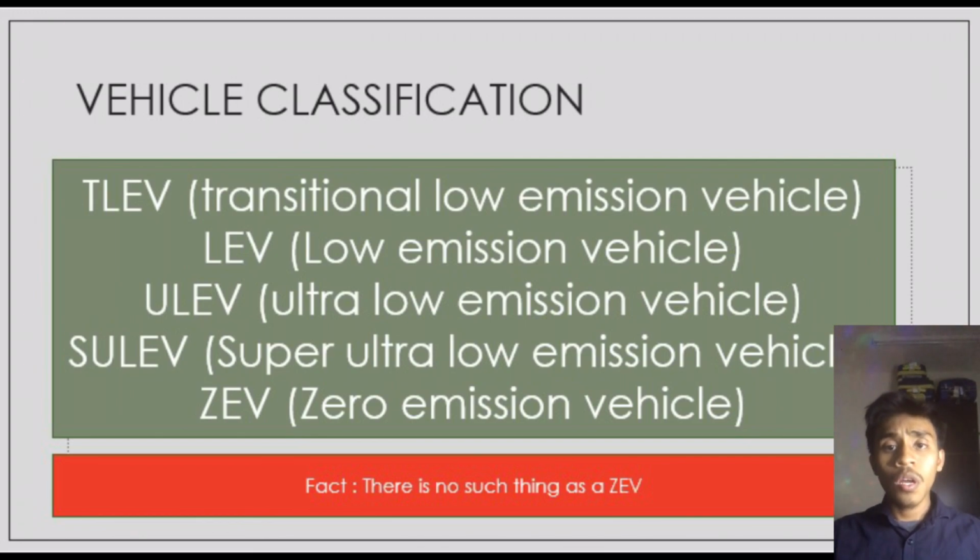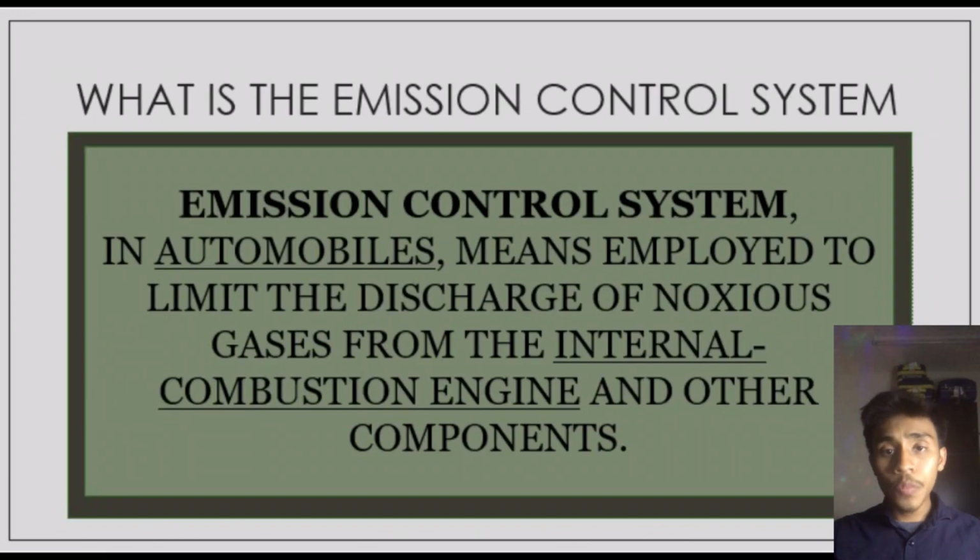So now we already know a little bit about the emission and the categories of emission engines. Now we go into the emission control system. The emission control system is employed to limit the discharge of noxious gases from the internal combustion engine and other components.